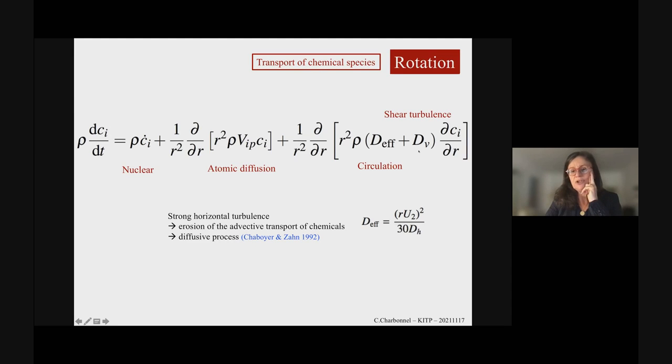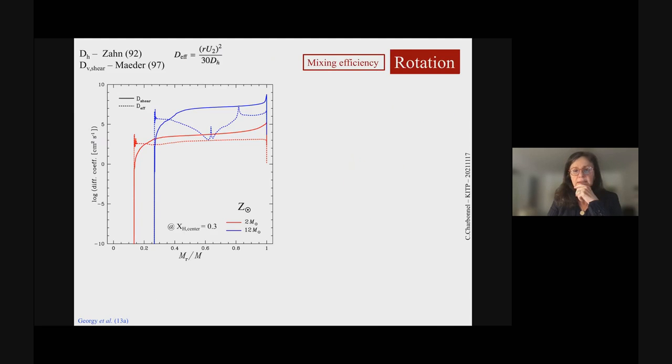And here you have the shear turbulence in the vertical regions. There are different expressions for the horizontal and vertical turbulence, and this is really the weakness of this theory, because when we change one for the other, we have very different results, but we can come back to that later.